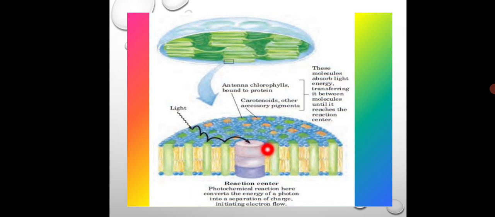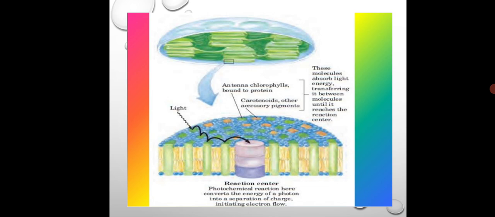This is the reaction center, which is also located at the thylakoid membrane, and as the light enters, the antenna captures it. There is excitation, electrons get transported, and then there is a flow of electrons. So this is the overall process of photosynthesis, just a brief part of it.